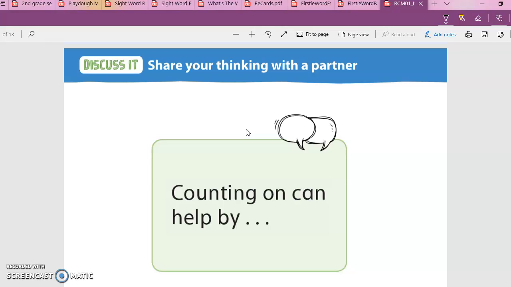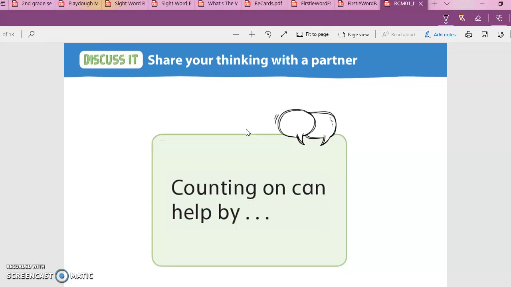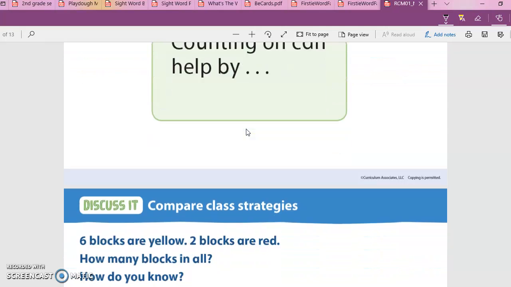I drew the picture and that took a minute of my time. Whereas if I was counting on, I could have just said 6, 7, 8. 6 plus 2 is 8. So counting on is a quicker way of adding. And that's going to be helpful when we get into bigger numbers that takes a whole lot more time to draw a picture. So just something to think about.